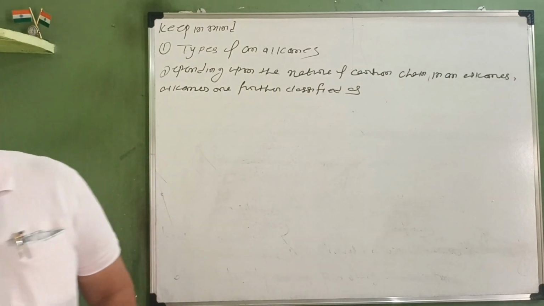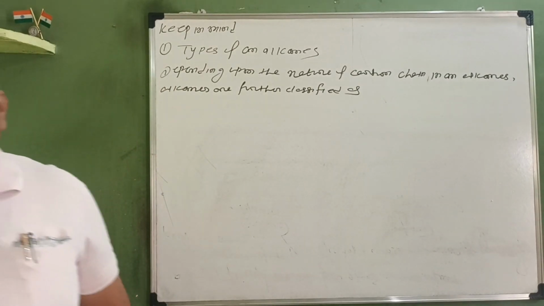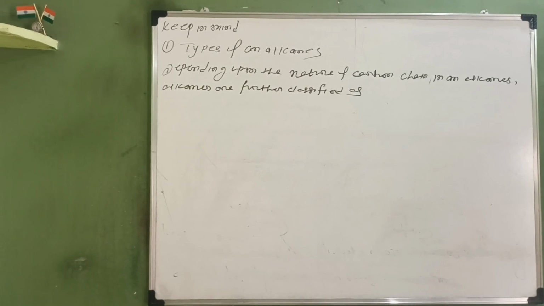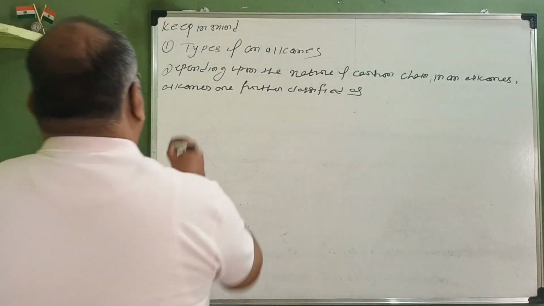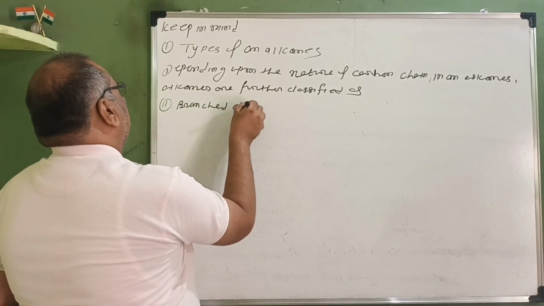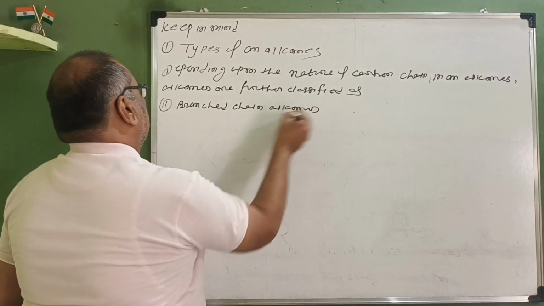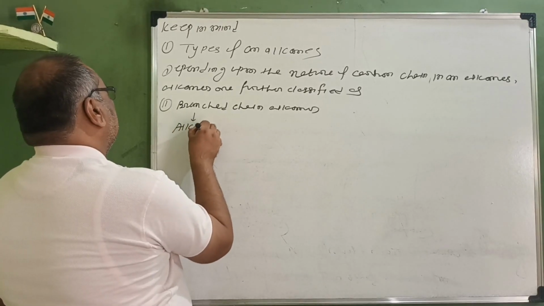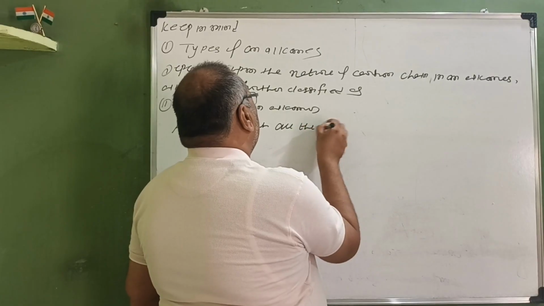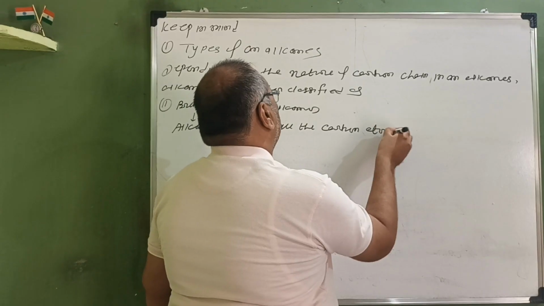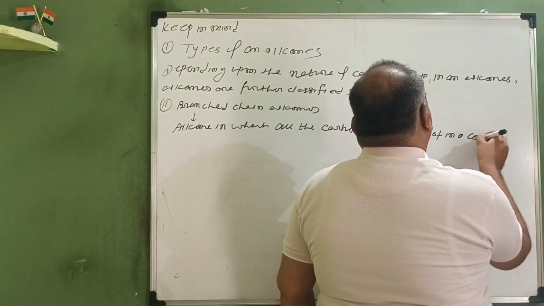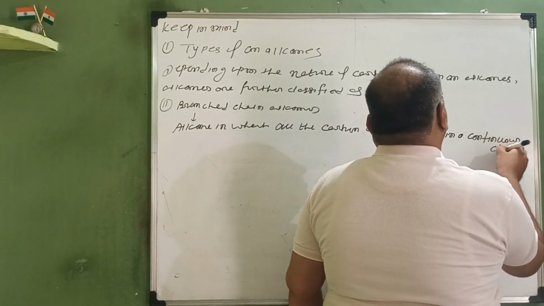Second, branch chain alkanes. Alkanes in which all the carbon atoms are not in a continuous chain.